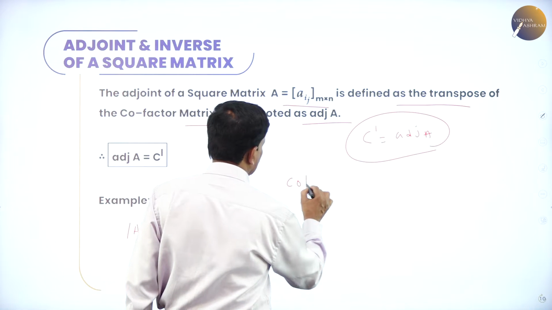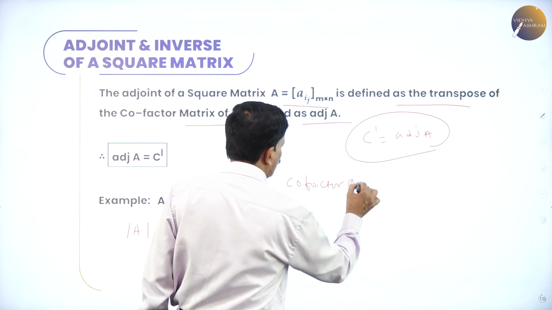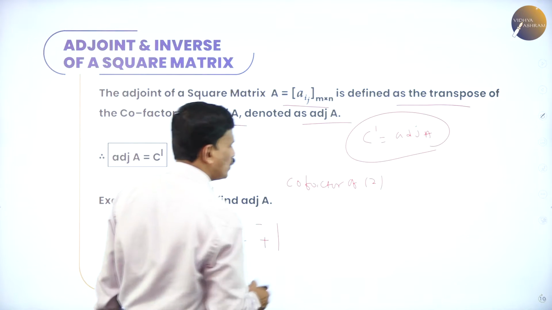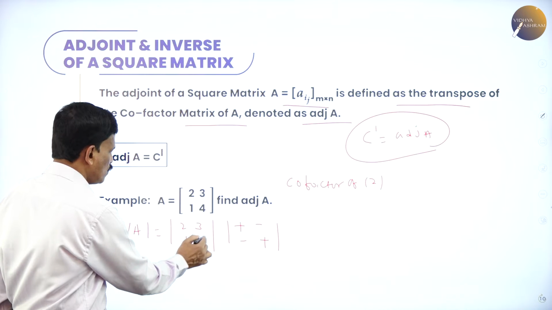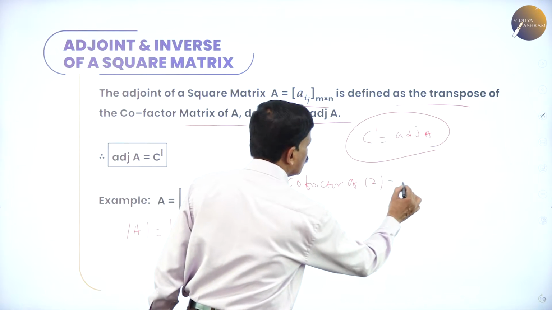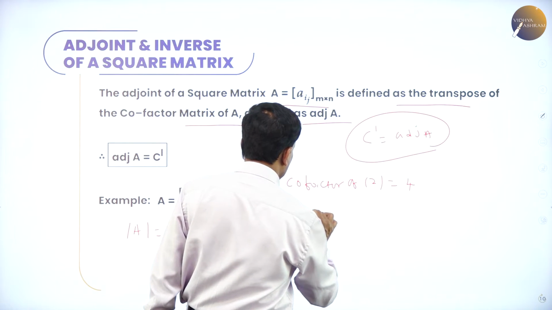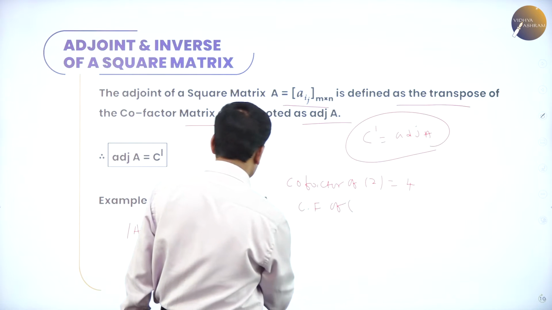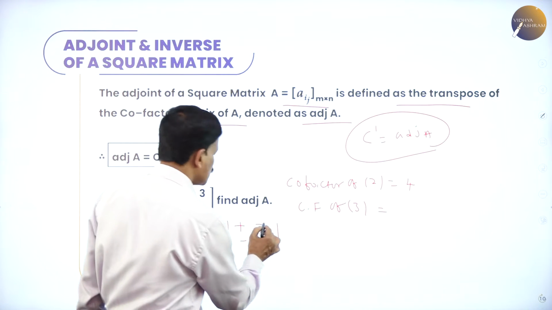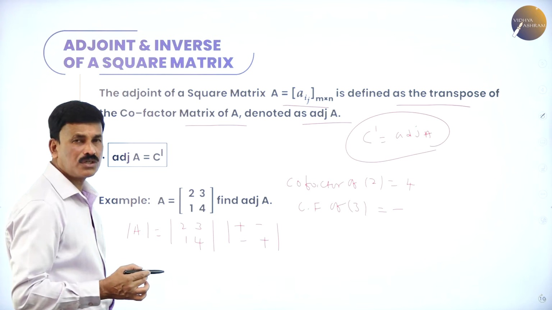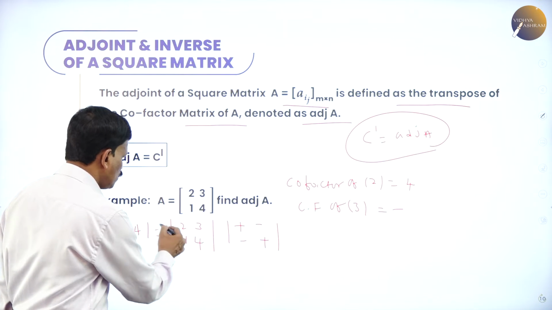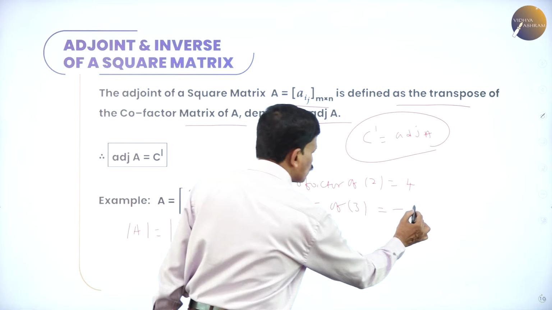The cofactor of the first element 2, A11: delete this row and column, what is left over is 4. Then the cofactor of the second element 3: what is the sign? The sign is minus. Delete the row and column containing 3, what is left is 1, so it is minus 1.